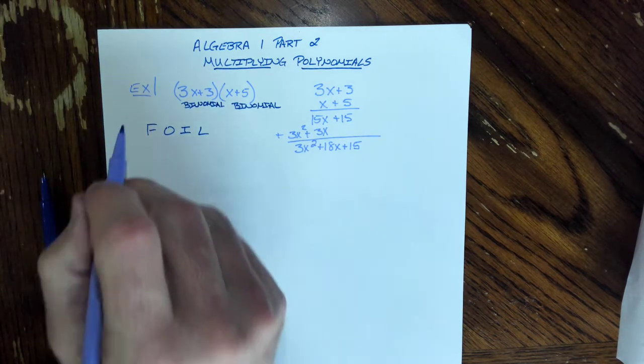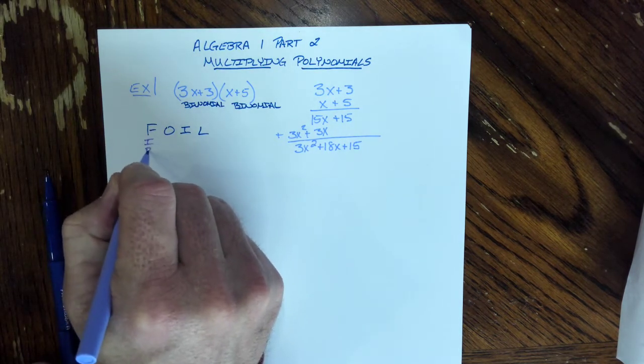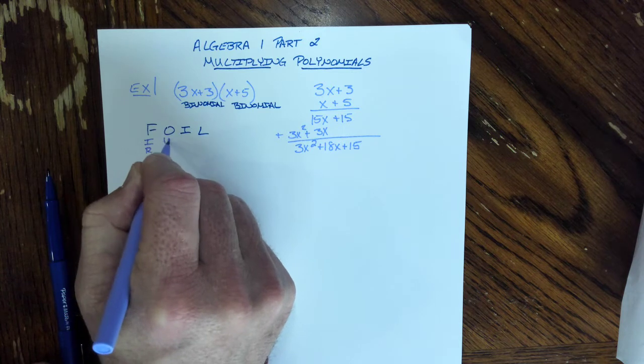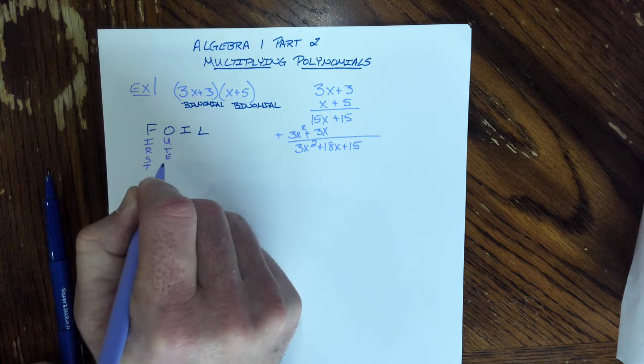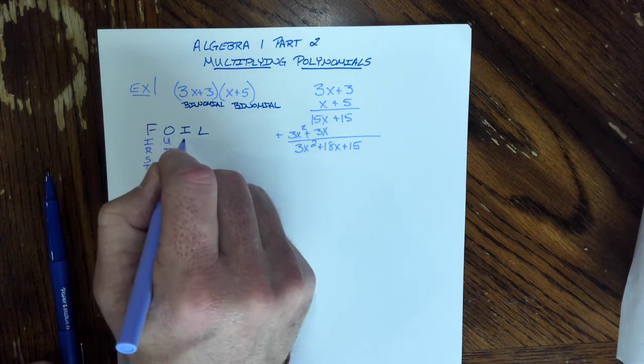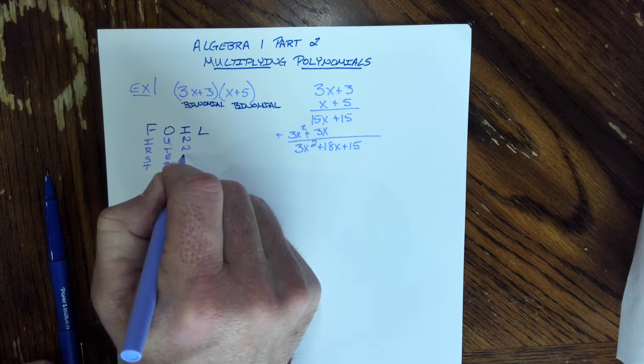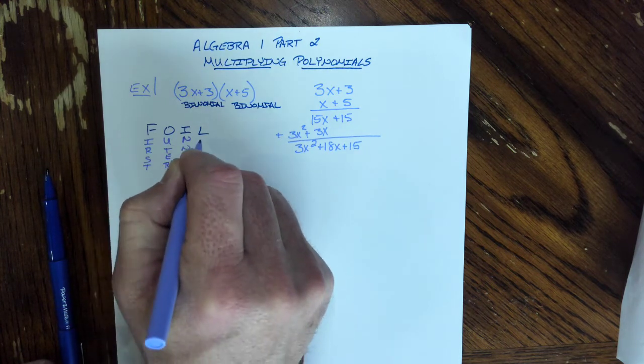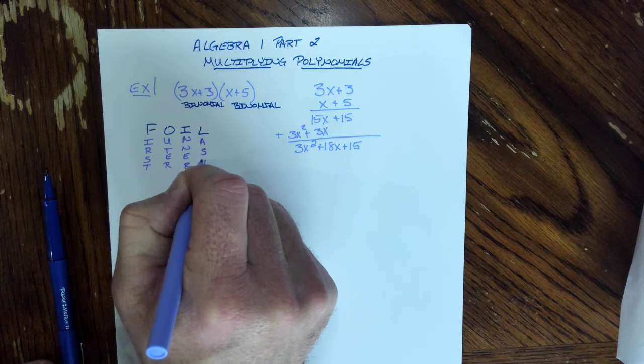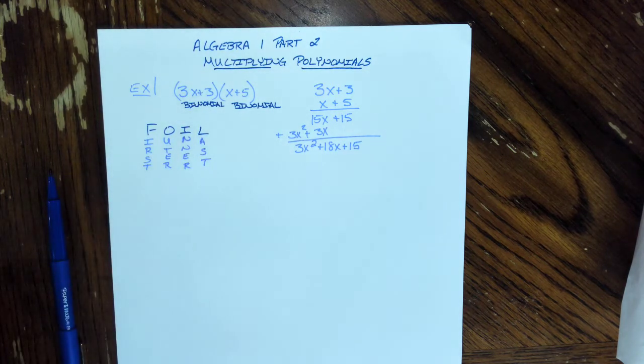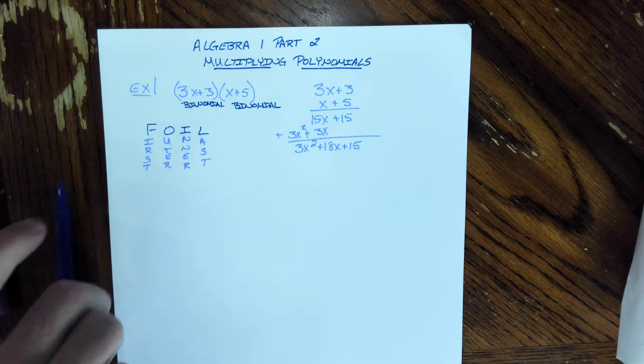FOIL is going to stand for your first terms being multiplied together, your outer terms getting multiplied together, your inner terms getting multiplied together, and then your last terms getting multiplied together. First, outer, inner, last, FOIL.